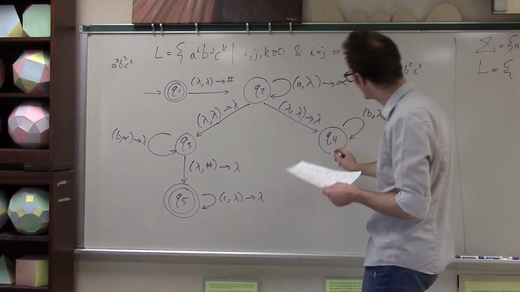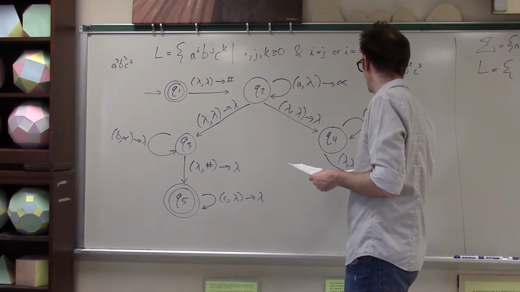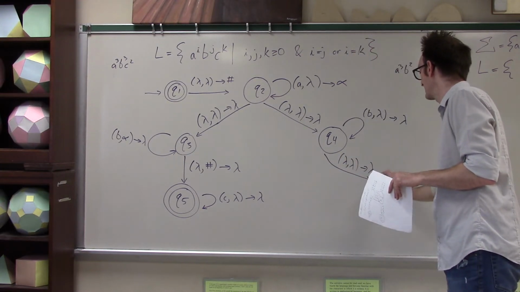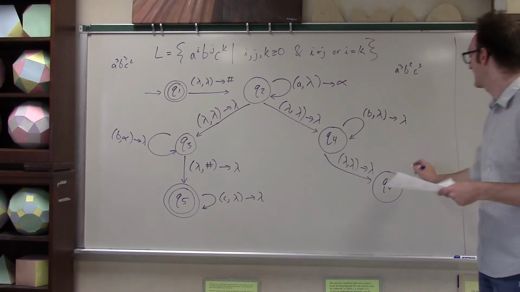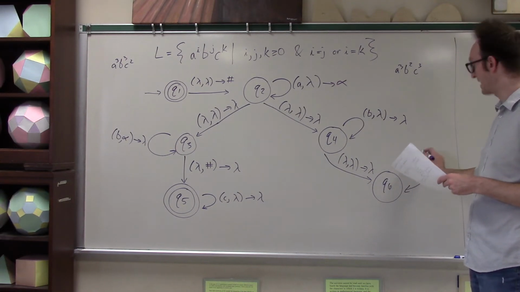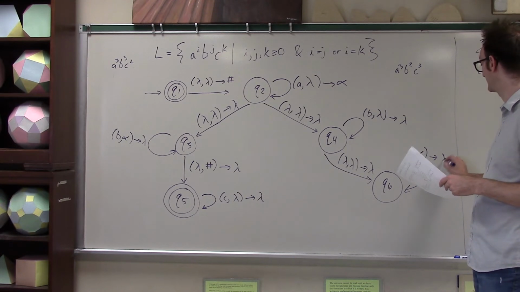And then eventually, out of this, I non-deterministically go to the state where I'm ready to read and process the C's. And now here, every time I read a C character, I should pop an alpha from the stack and push nothing.